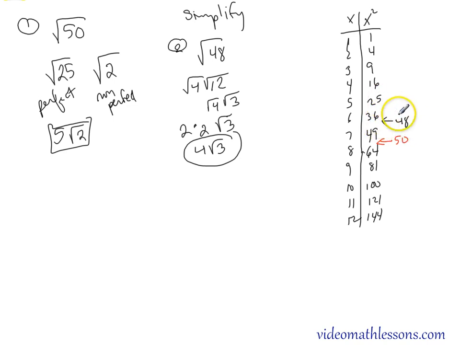You work your way up, and most of the time you have a calculator if you're not good at figuring out what goes into what. Then you get to 16. 16 goes into 48. So it's radical, perfect, non-perfect. A lot of times I'll say good, bad. The square root of 16 is 4, left over, radical 3. Which is the same answer.